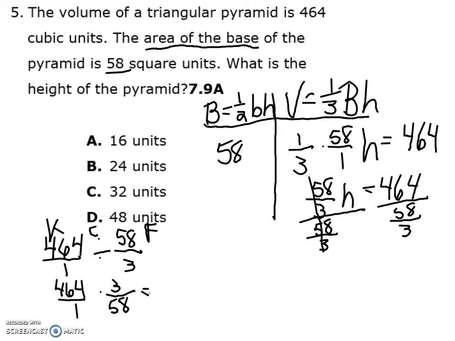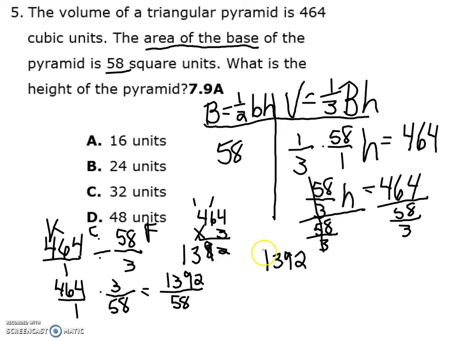All right, so I'm going to do top times top, bottom times bottom. So 464 times 3. 3 times 4 is 12. 3 times 6 is 18. Plus 1 is 19. 4 times 3 is 12. Plus 1 is 13. All right, so we have 1,392 divided by 58.